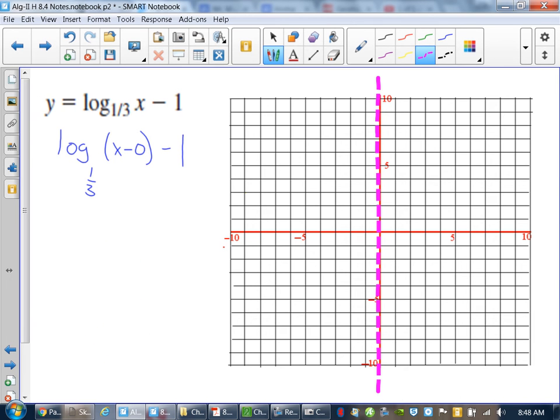If I choose a value of x, I do log base 1/3 of 1/3, and then I take that and subtract 1, because that's what this equation says to do. What's log base 1/3 of 1/3? 1. What's 1 minus 1? 0. So I have an ordered pair at 1/3 and 0.